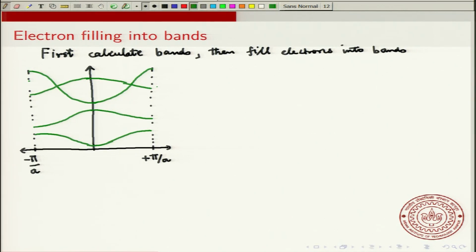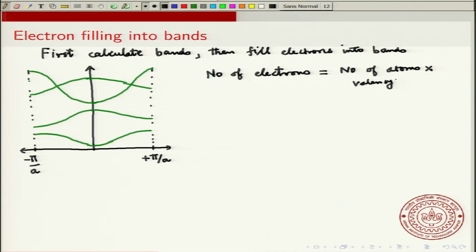Now, how do you fill electrons into these bands? First thing you have to do is to calculate the number of electrons, equal to number of atoms times valency.